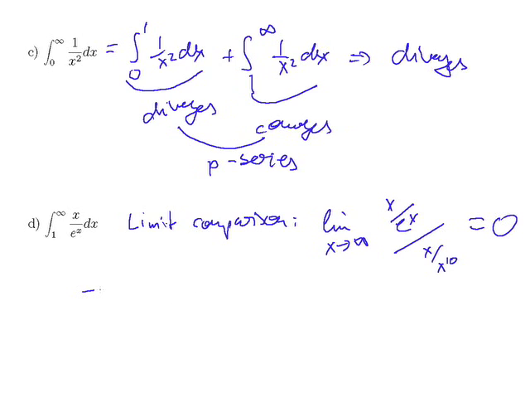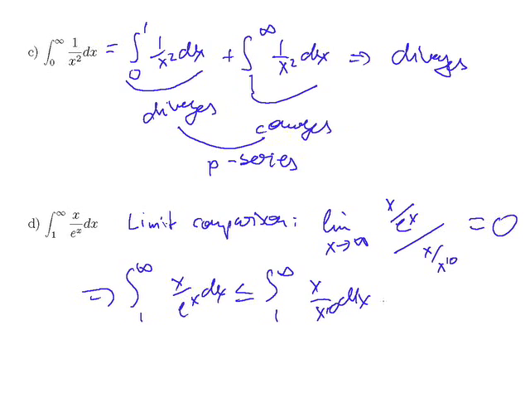Therefore, I know that the integral from 1 to infinity of x divided by e to the x dx is smaller or equal than the integral from 1 to infinity of x divided by x to the 10. And this, of course, we can easily simplify. That's the integral of 1 over x to the 9 dx.